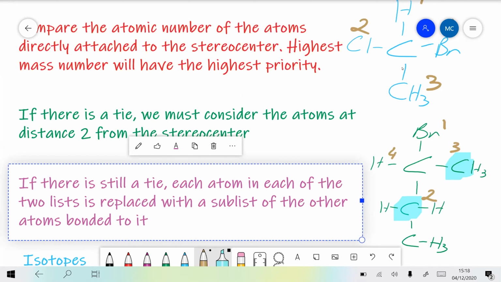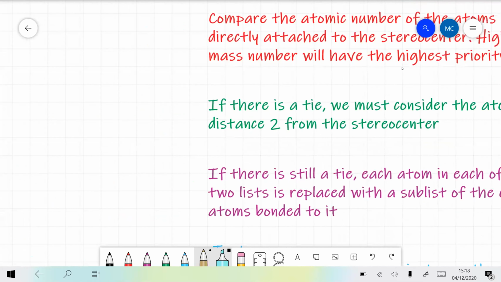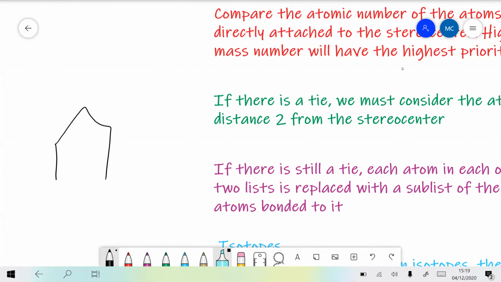If there is still a tie, go to carbon number 3. And in fact, later on, we'll actually discuss limonene, because limonene has 1 stereocenter, and we would need to do something like this. So we'll leave it for the end of the lesson.